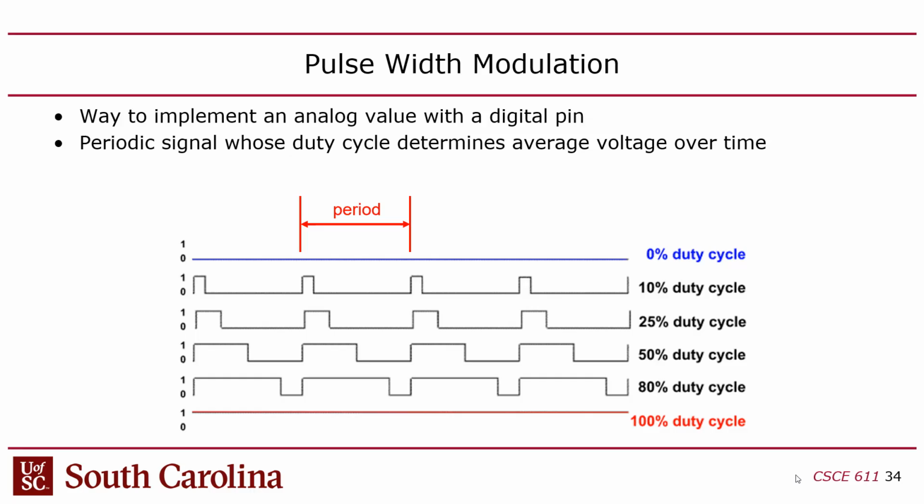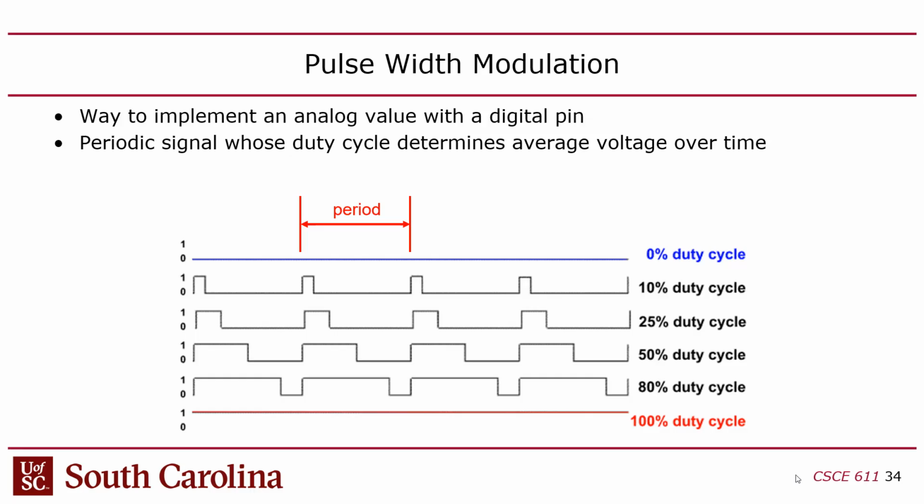So in other words, after enough periods go by, on average, it's going to average out as whatever the analog encoded value or modulated value is. Does that make sense? Okay, so this is a 10% duty cycle, 25%, 50%, 80%. 100% duty cycle would just be always 1, and a 0% duty cycle would be always 0, right, DC.